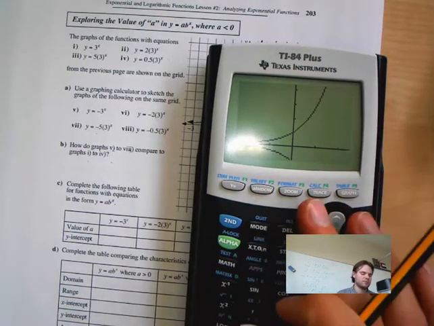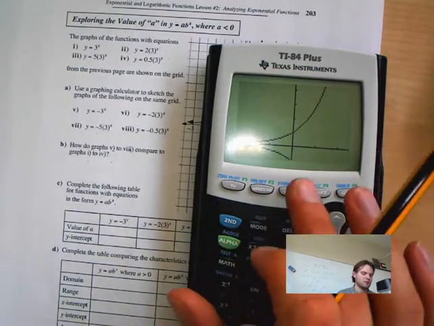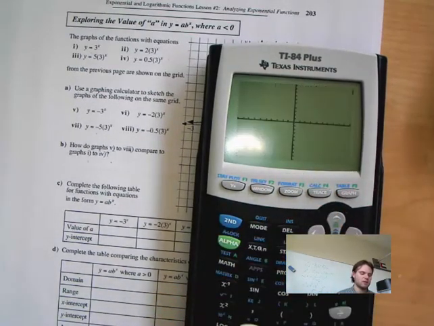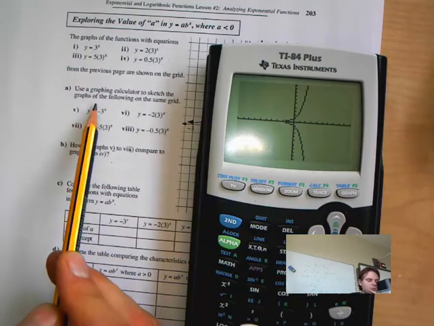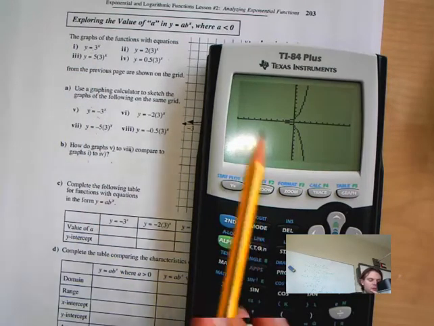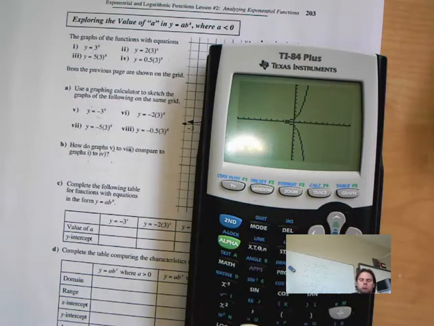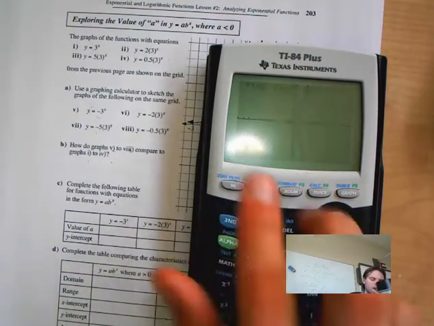I'll press zoom 6, get my standard window. There we go, one's there, and one is there. So these two are very similar. What's happening though? There's a reflection on the x-axis. Let's try the next two.